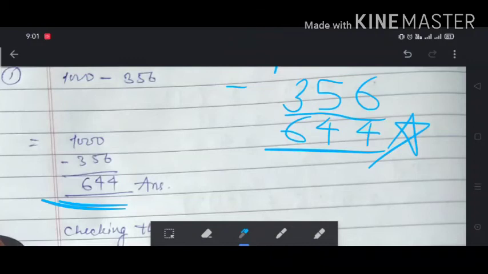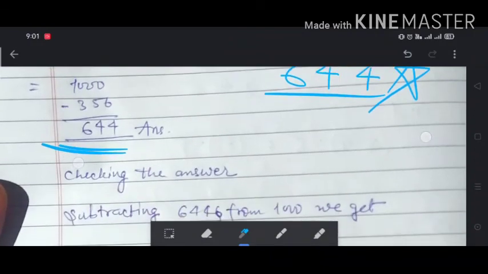In order to check the answer, we have two ways, but in this question I will show you one, and in the other question I will show the other method. In this question we have to subtract this difference from 1000, and if we get the number 356, then our subtraction will be true.